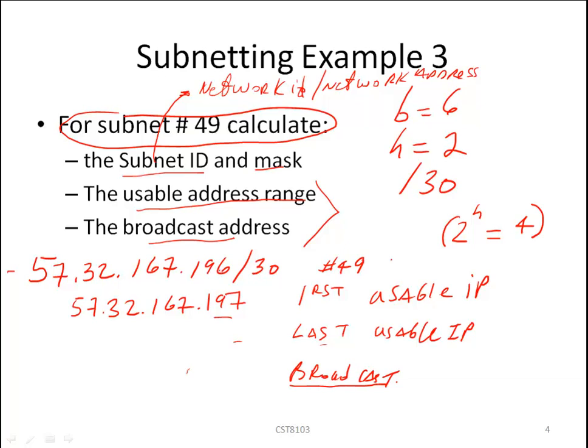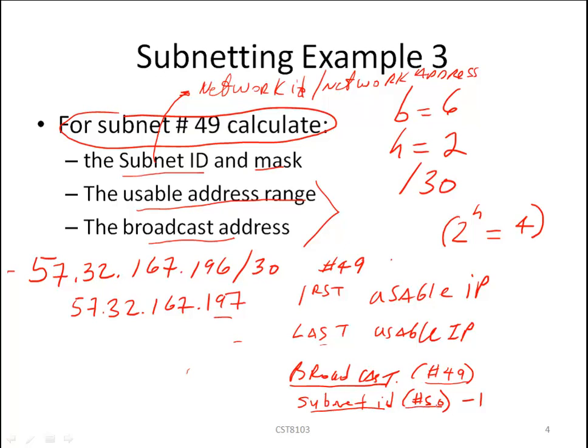Now let's do a simpler version of this. Our broadcast address for subnet number 49 is the subnet ID, or the network ID, for subnet number 50 minus 1.